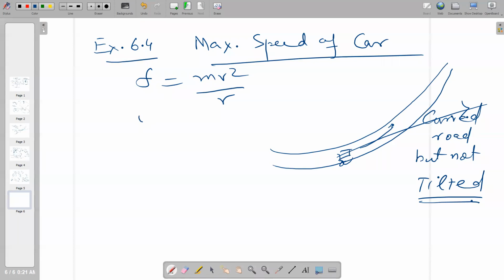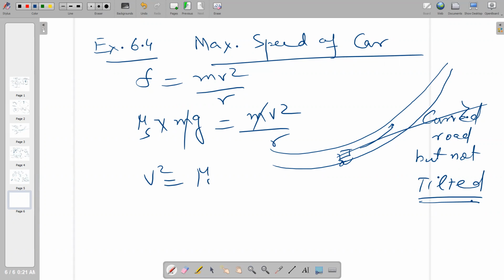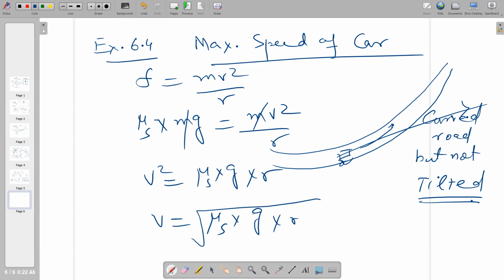So the frictional force is mu s into mg, and this is equal to mv square over r. So here m will cancel and v square is equal to mu s into g into r, and v is equal to the square root of mu s g r. So here you can see that the speed depends on the radius.